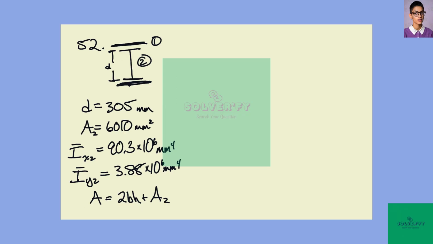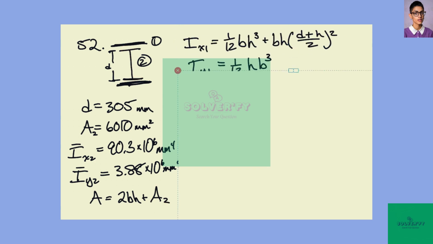The total area is 2 times B times H, since we have two plates, plus A2, the area of this guy. Now we can start calculating the area moments for these plates.